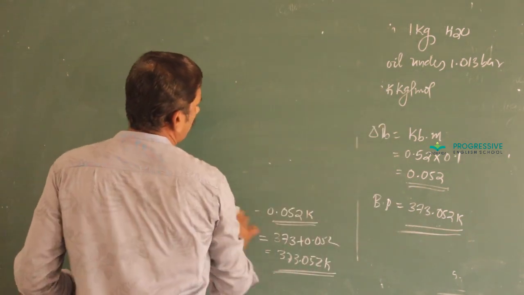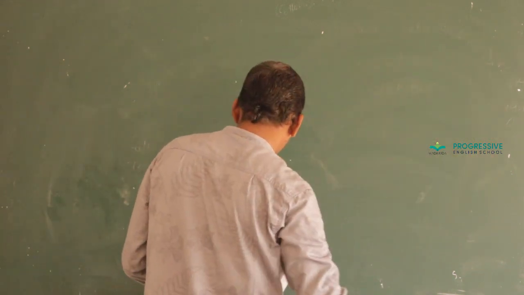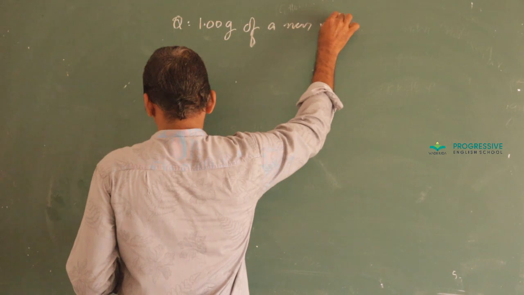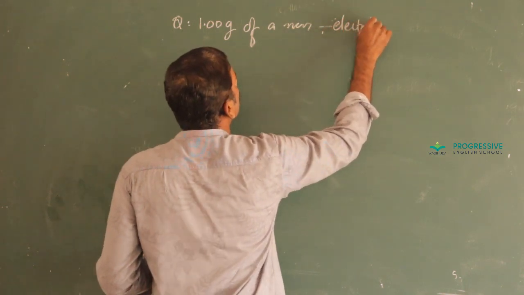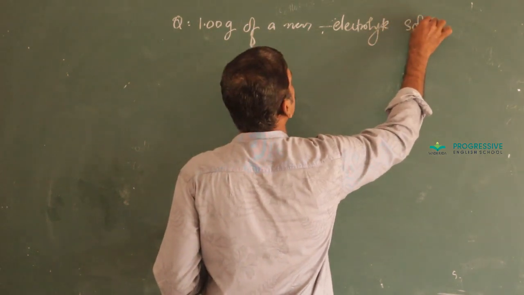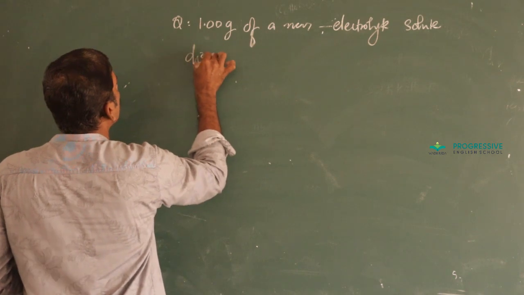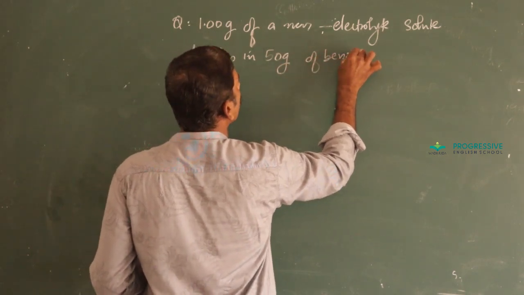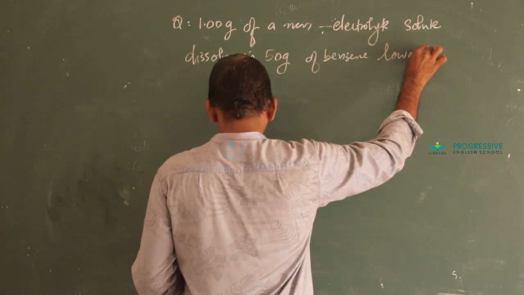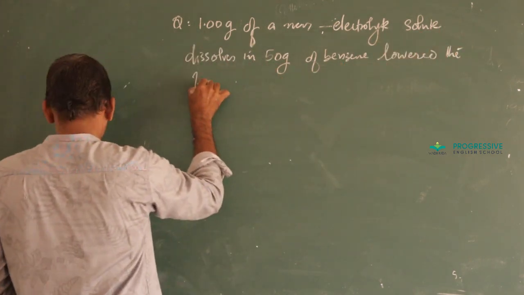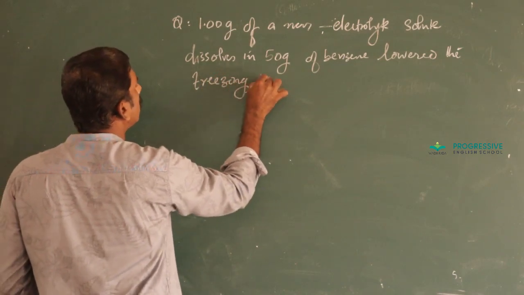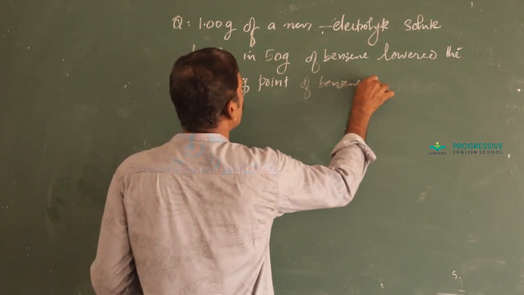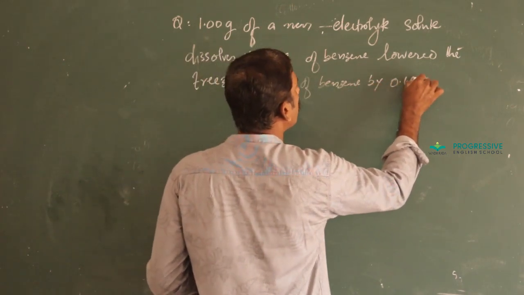Then the next one is: 1 gram of a non-electrolyte solute dissolves in 50 gram of benzene and lowered the freezing point of benzene by 0.40 Kelvin.